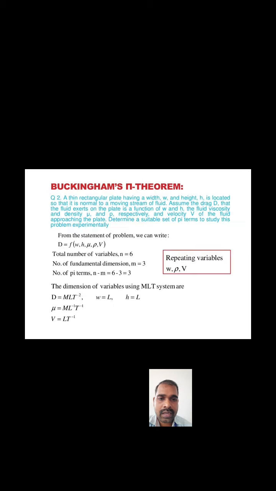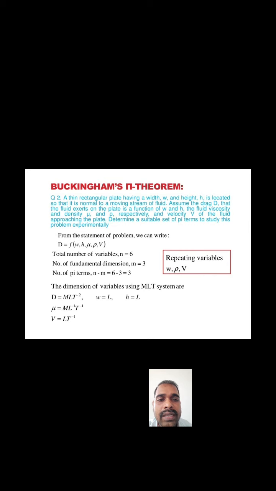So let us see another problem. A thin rectangular plate having a width W and height h is located so that it is normal to a moving stream of fluid.